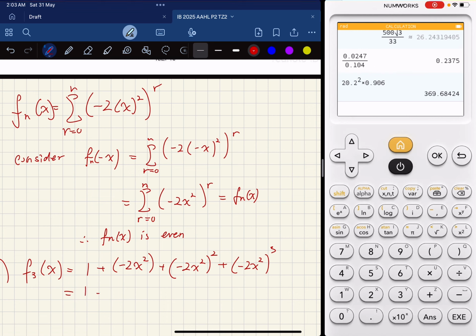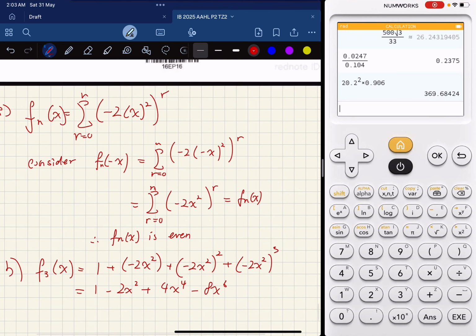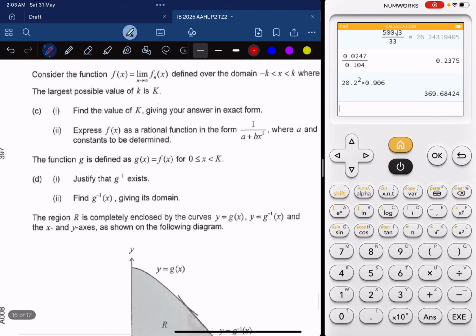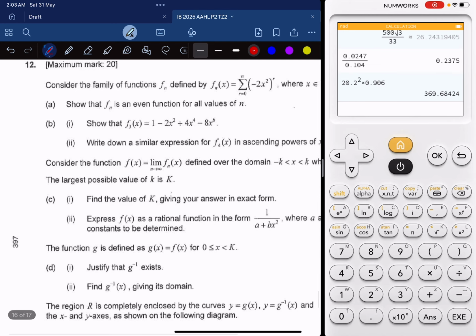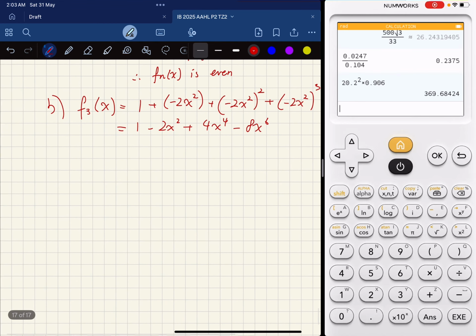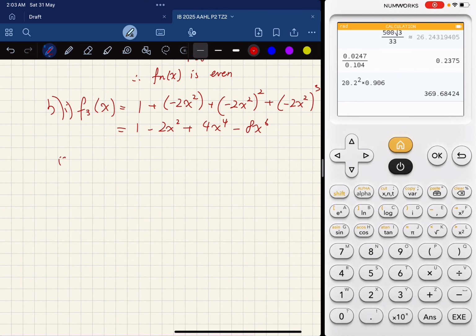So it will be something like this. 2 power 3, that's an 8. Okay, so see where it's the same. Yeah, I think that's the same. So write down a similar expression of f4. Okay, similar expression, right? So obviously we're going to copy this. So 1 -2x squared plus 4, and then minus 8x power 6, right?